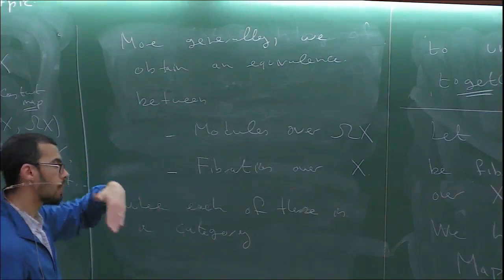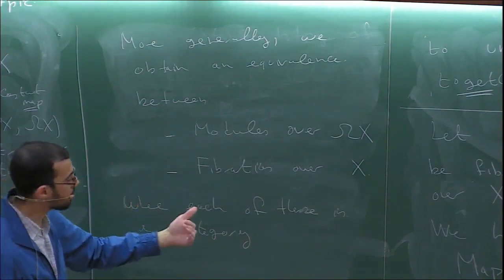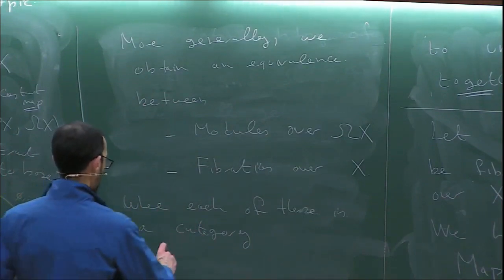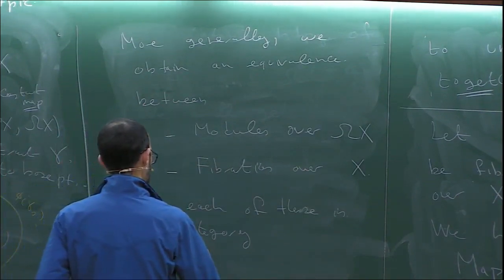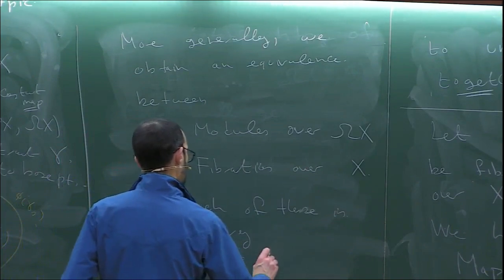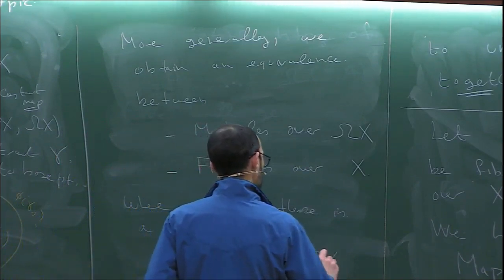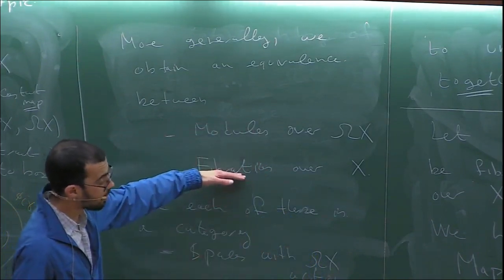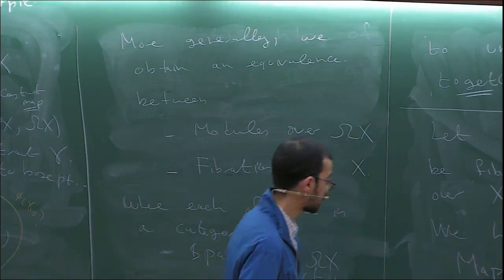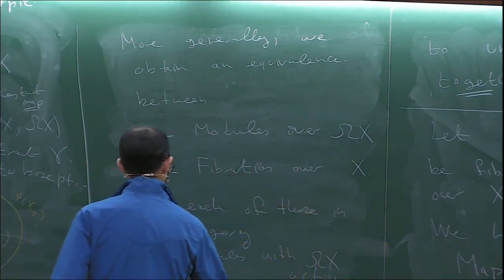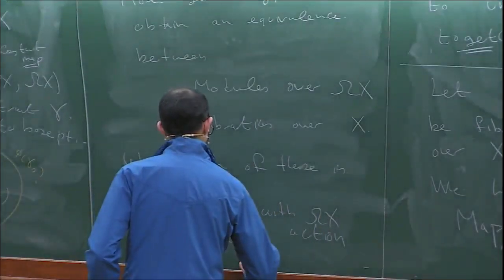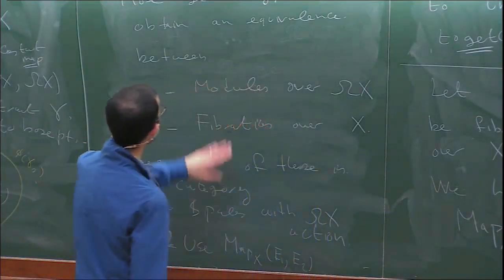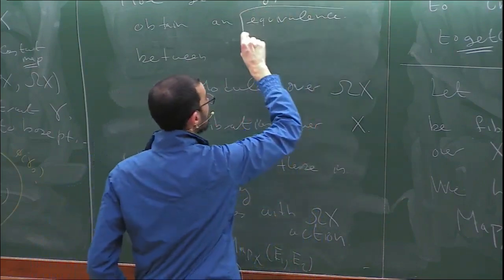What does that mean? Well, you turn loop X into a monoid, since we know how to do that, and just take an action of that monoid. Spaces with loop X action. And the other one is maps E1, E2 over X. And what do I mean we get an equivalence?